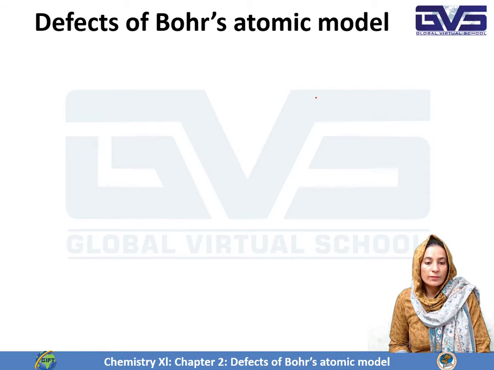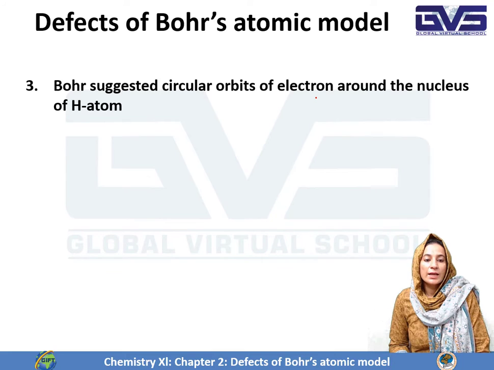The third defect is that Bohr suggested a circular orbit of the electron around the nucleus of the hydrogen atom. He said that in the hydrogen atom, the electron just revolves in a circular path like this one.